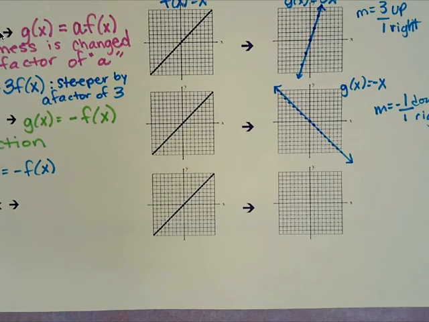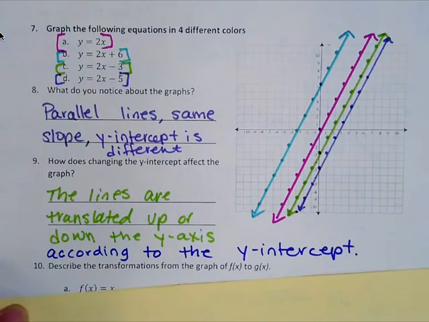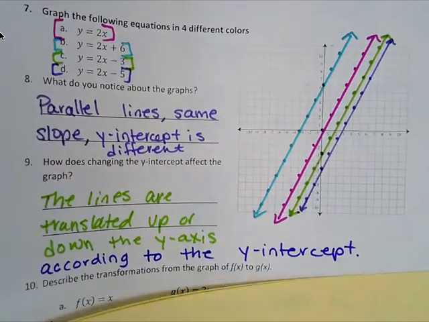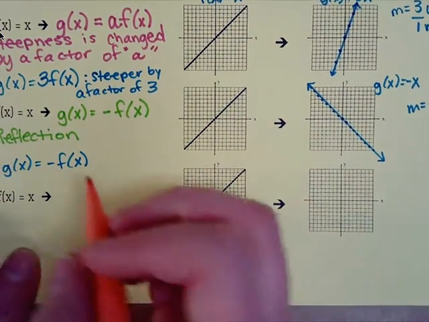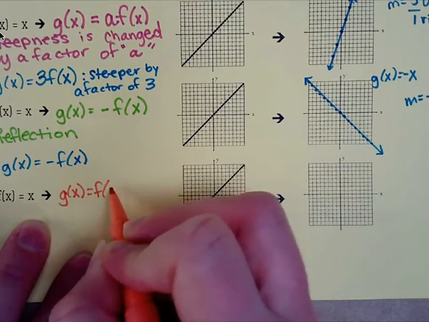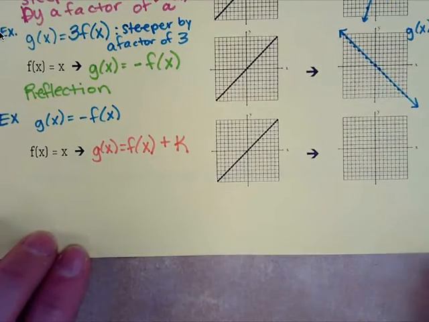Okay, the last type of transformation that we did on our notes was changing the y-intercept. Keeping the same slope, changing the y-intercept. So this is going to be g of x equals whatever f of x is plus some value called k.